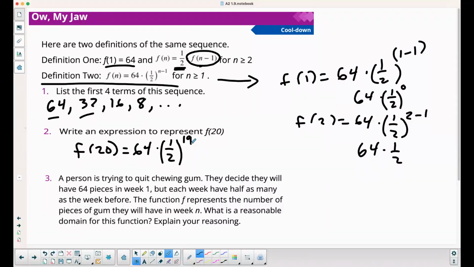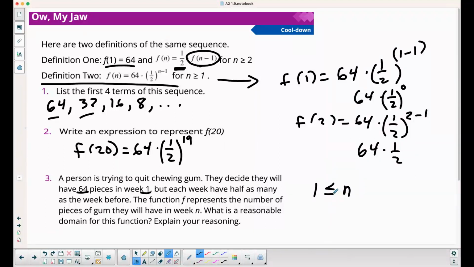So n has to be greater than or equal to 2, because week 1 they start with 64 pieces, so we're not going to plug in 1. Well, I guess you could. I guess we're starting at week 1, so we could plug in 1 and get 64. So n would have to be greater than or equal to 1.